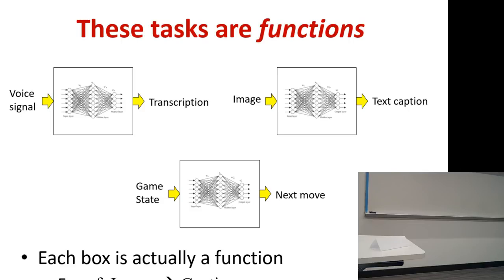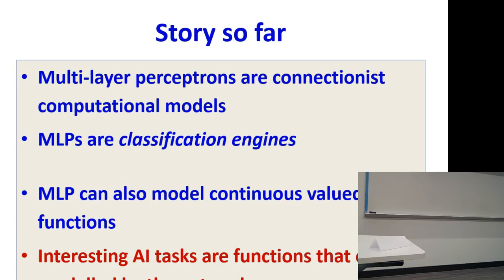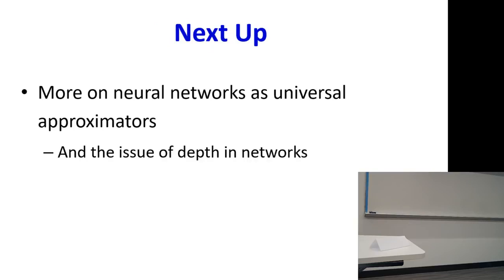And it's phenomenal how something so simple, which just consists of some really trivially simple processing elements connected in a network, can perform amazing tasks like recognize speech as well as human beings, or caption text, or play chess, or learn to beat the world champion at Go. So, in closing, interesting AI tasks are functions that can be modeled by neural networks. So that's the final slide.